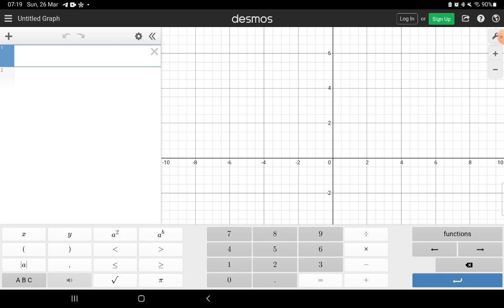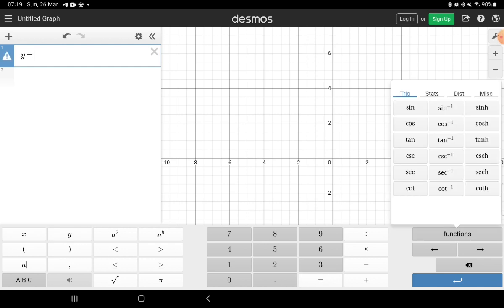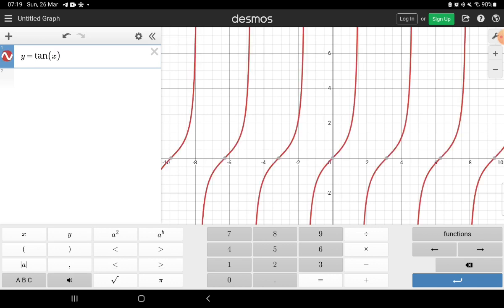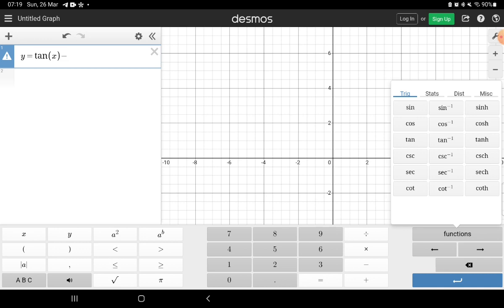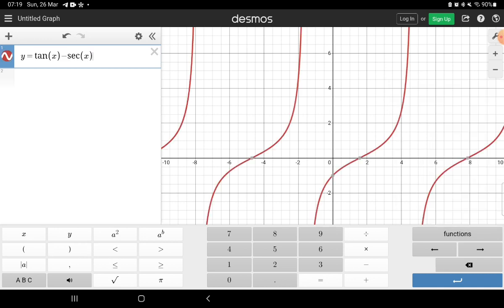So the first resulting integral is the one where we used multiplying by a form of 1, and that is tangent of x minus secant of x. Okay, that's the graph that we obtain.